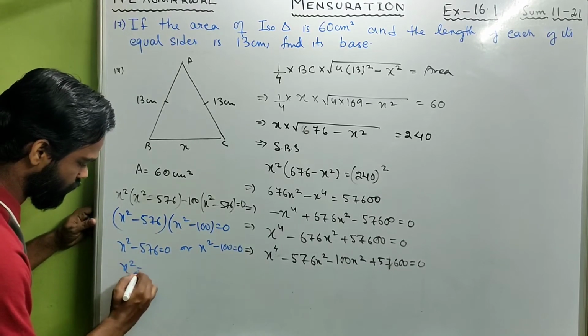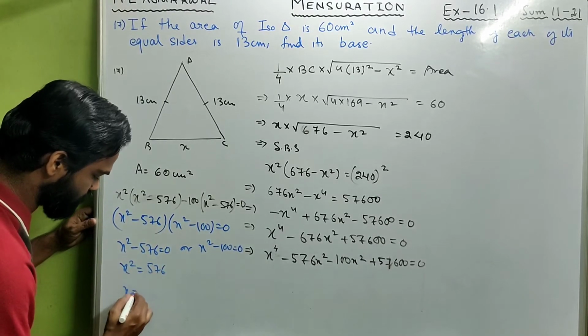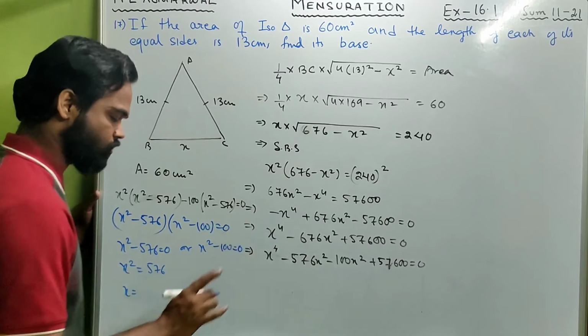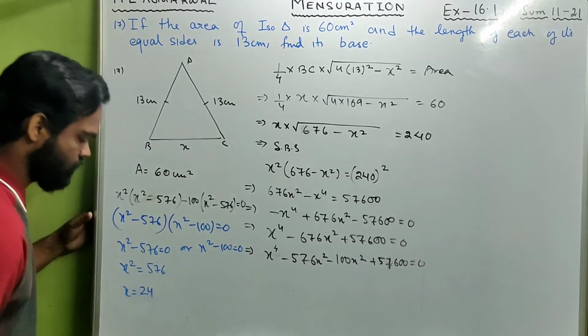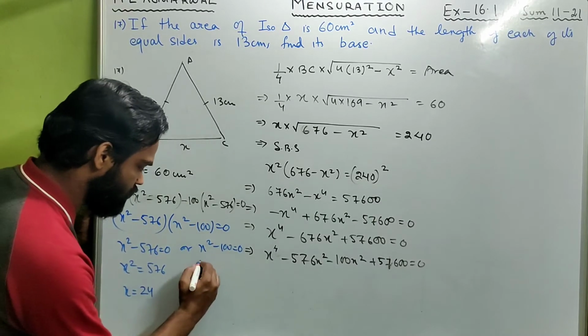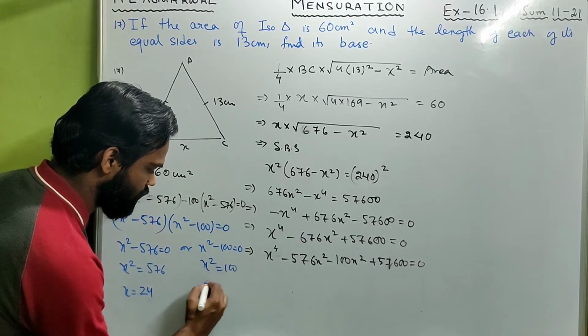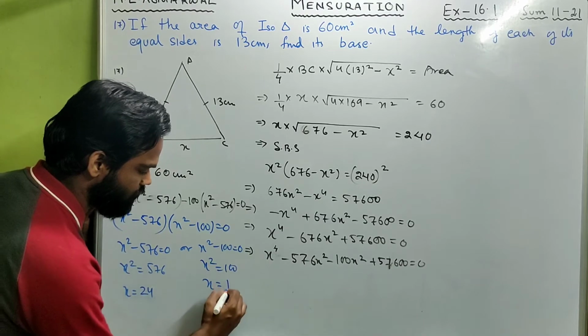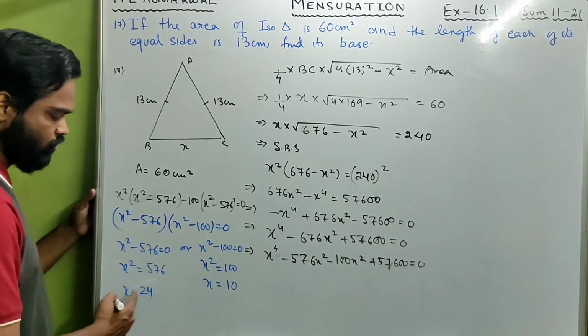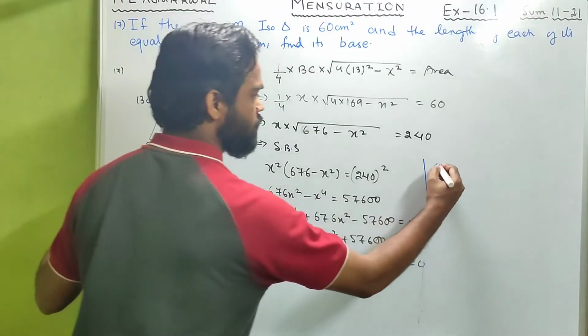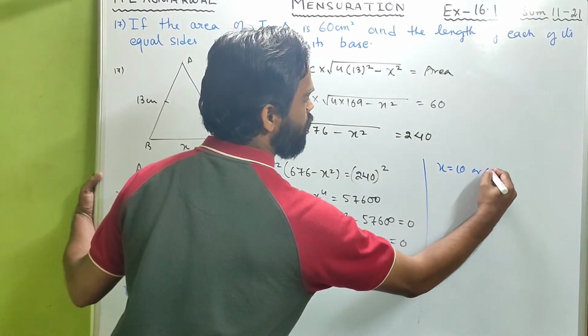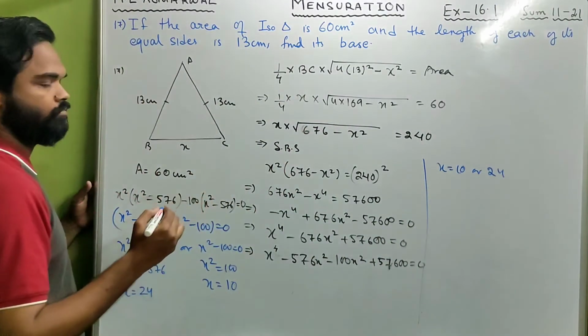So from here x square equals 576, or x equals plus minus 24. We'll take 24 because this cannot be negative. And when you solve the other, x square equals 100, so x equals 10. So we got two values, x as 10 or 24.